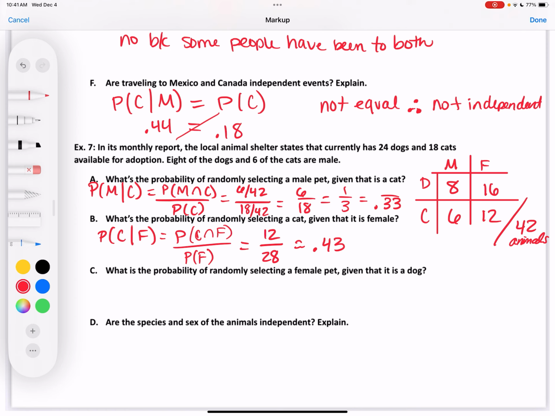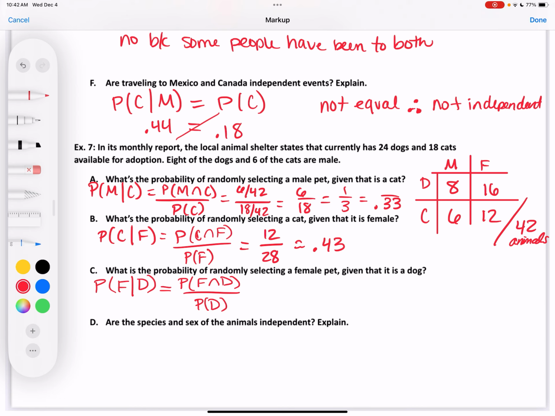So then, what's the probability of randomly selecting a female pet given that it's a dog? Would this just be female over D? So female given dog. So the probability of the intersection of those two things over the probability of dog.